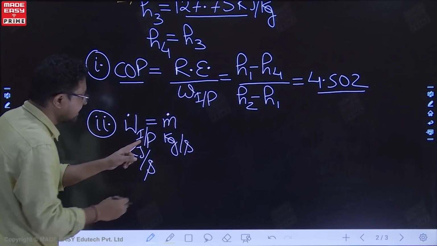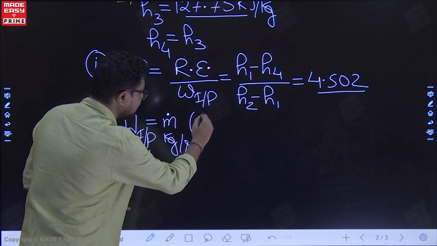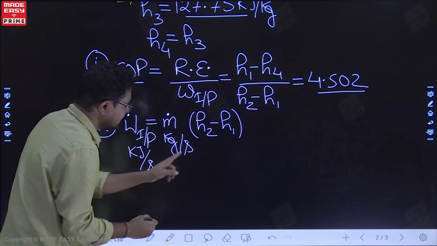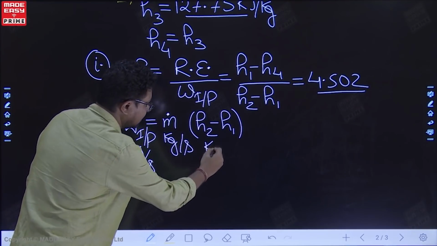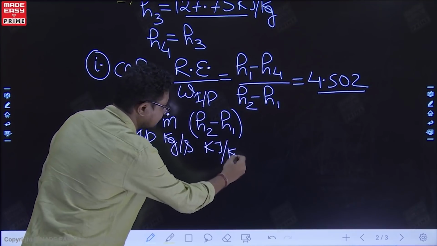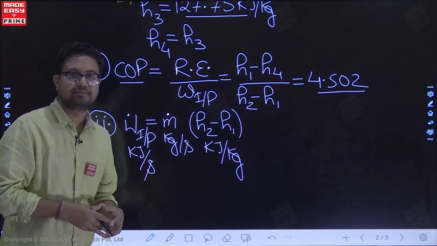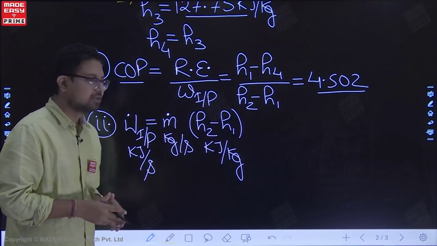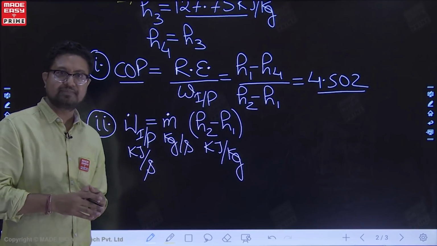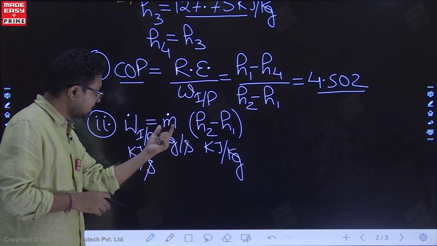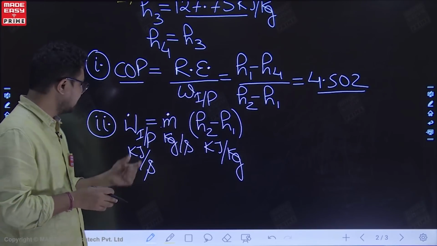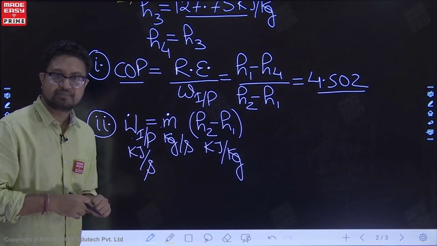So it is mass flow rate into work input, that is H2 minus H1, in kilojoule per kg. This is the mass flow rate into enthalpy change. Enthalpies we know already. If I am able to find the mass flow rate, I will be able to know the power input to the compressor.